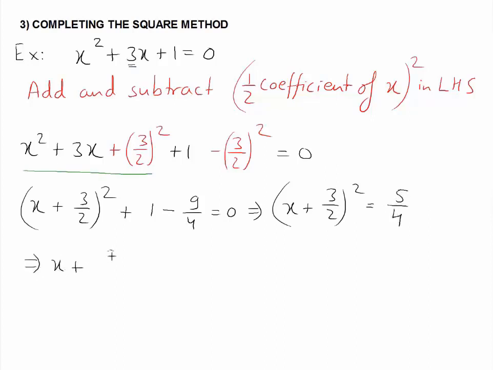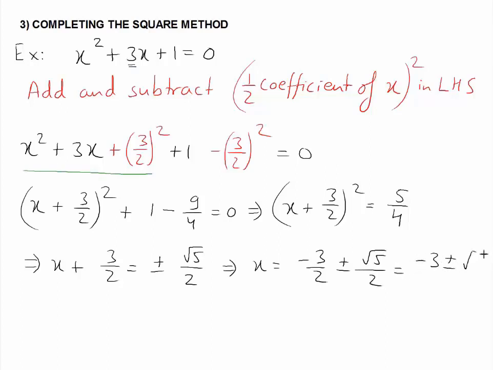So for x plus 3 by 2, if we take the root on the right side, we will get plus minus root 5 by 2. So this implies x equals minus 3 by 2 plus minus root 5 by 2. So the final answer is minus 3 plus minus root 5 by 2.